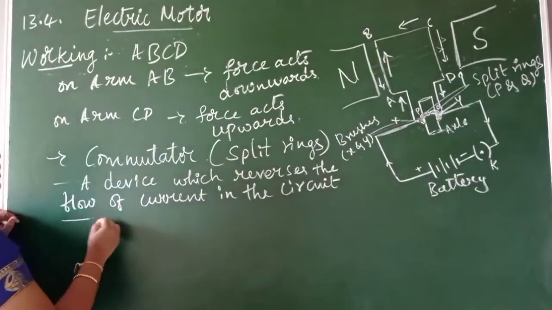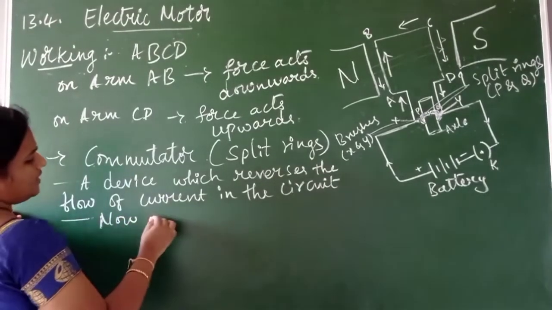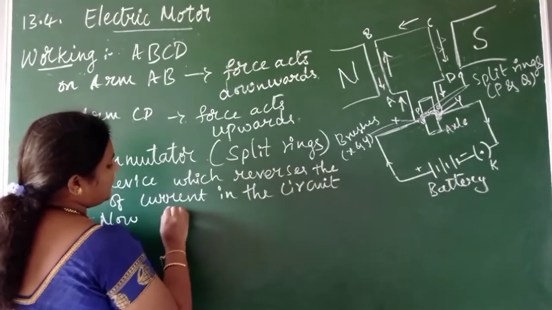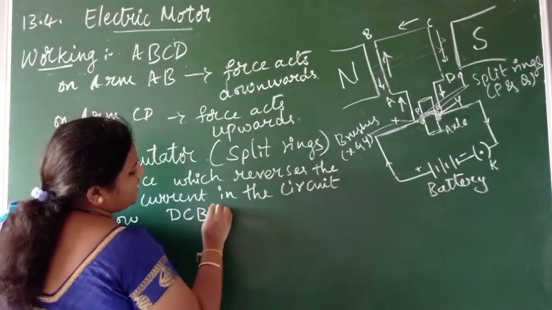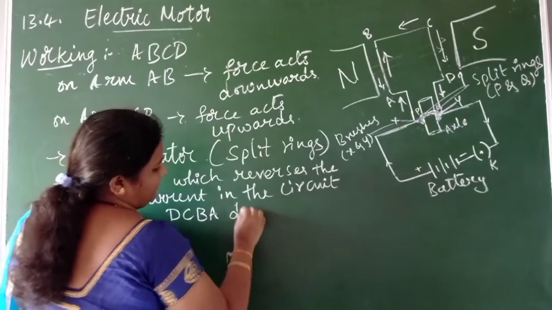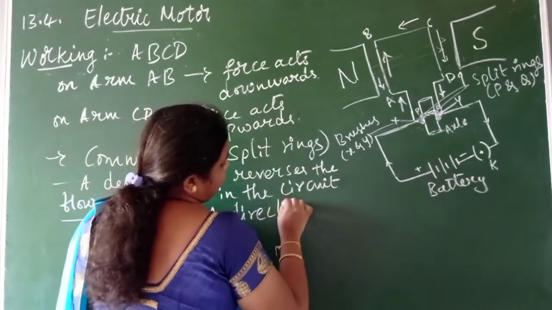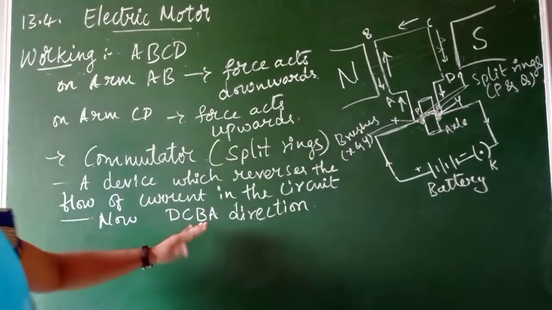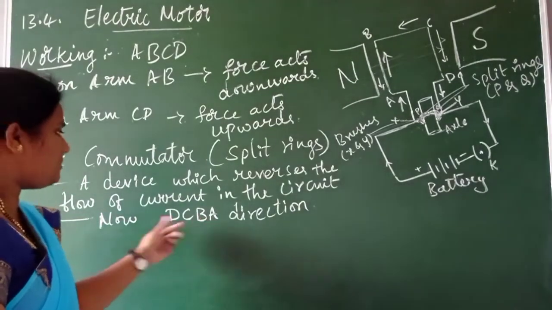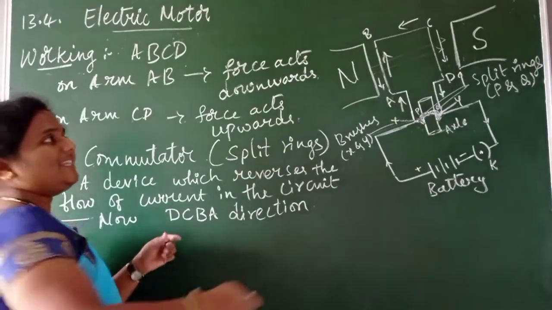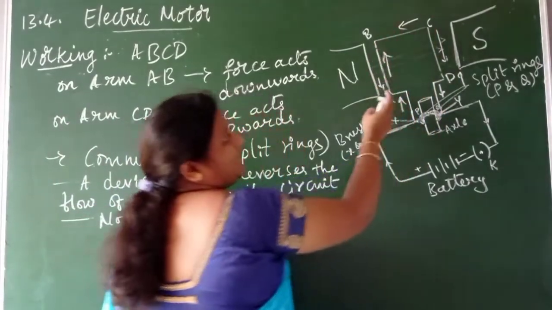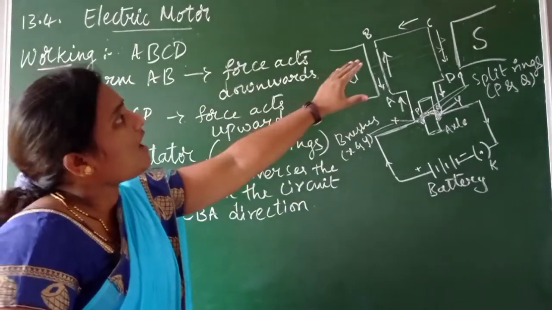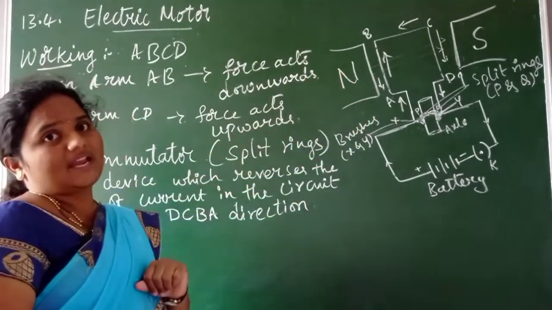Now the current will start flowing in the DCBA direction. Isn't it, children? So when the current starts flowing in DCBA order, similarly force should also apply on the CD arm and the BA arm.